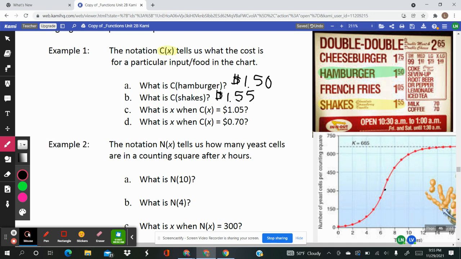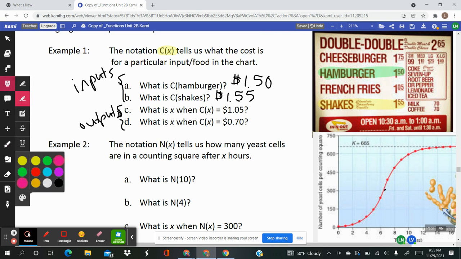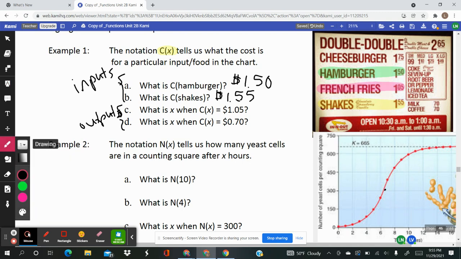So both of those are our inputs. A and B are talking about our inputs. For letter C and D, these are talking about your outputs. So for A and B, when you put in a hamburger, you get the cost of $1.50. When you input a shake, you get a cost of $1.55. Now for letter C, it's saying what item are you going to get if you get the cost of $1.05? So when I look over at my menu, $1.05 is French fries.